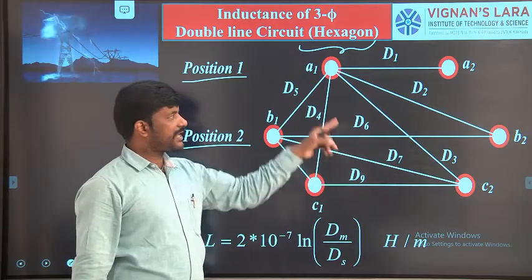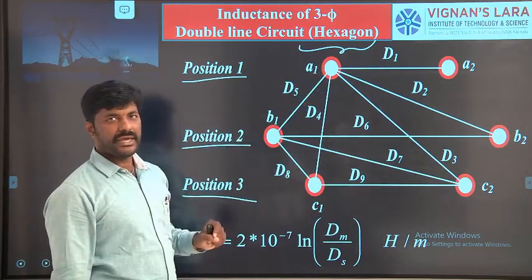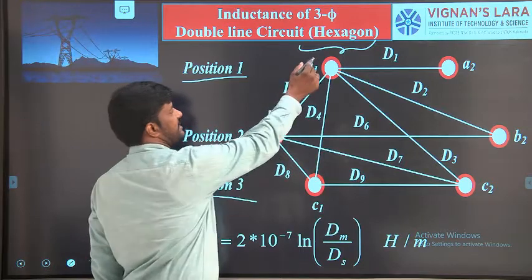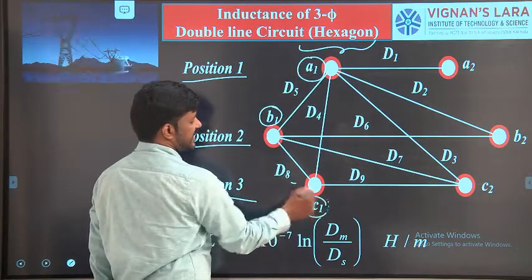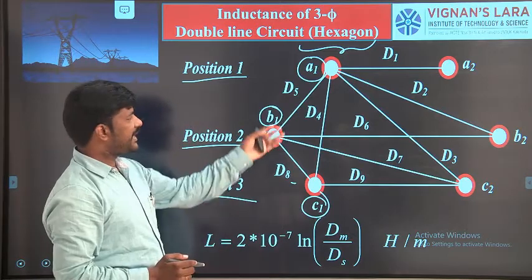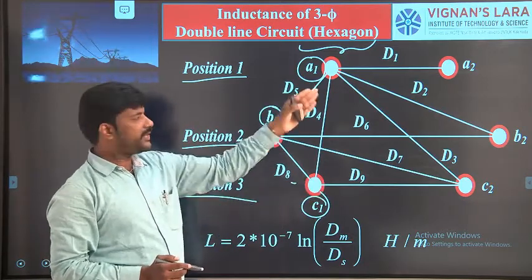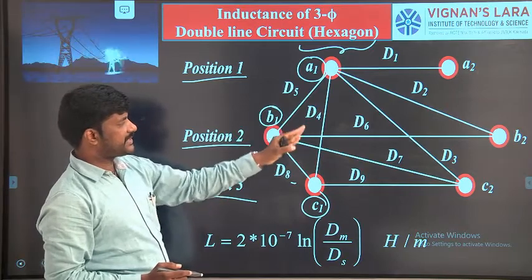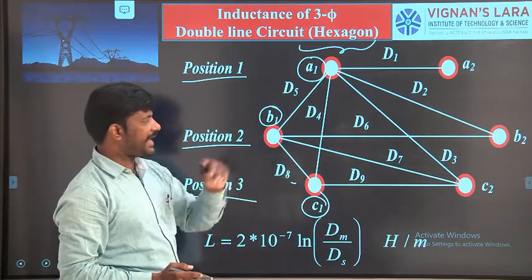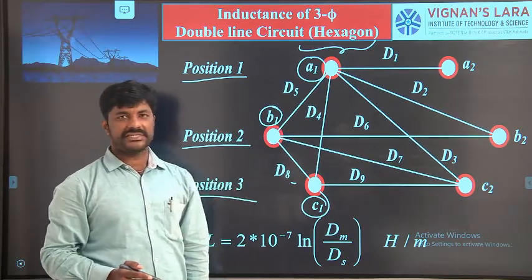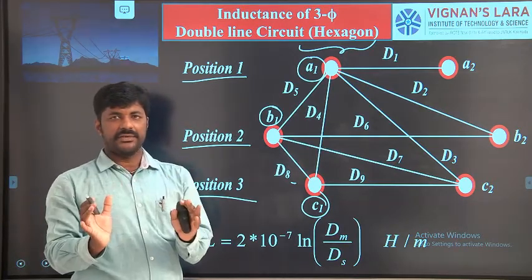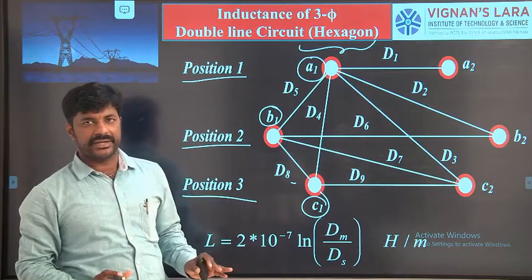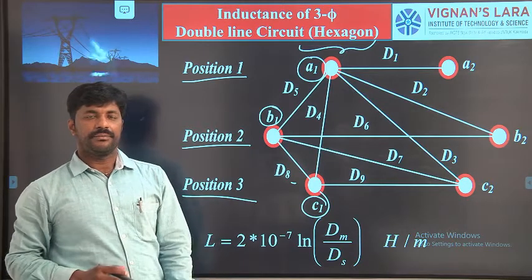With reference to the diagram I have shown you, phase A is at the top, phase B is at the middle and phase C is at the bottom, with their defined distances D1, D2, D3, D4, D5, D6, D7, D8 and D9. Up to 9 possible distances we have identified here. With these 9 possible minimum distances, we should be in a position to calculate self GMD and mutual GMD.